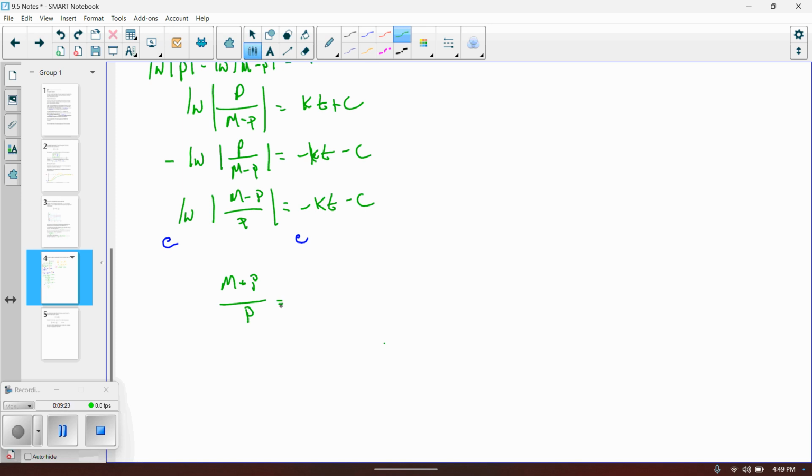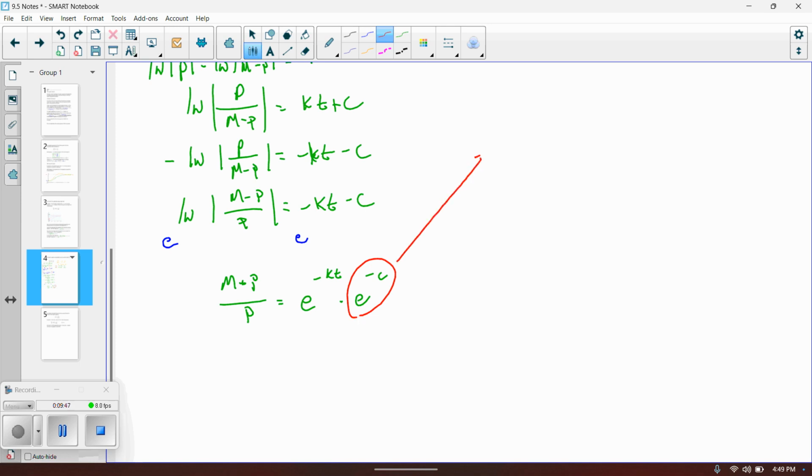Exponentiating the right is going to leave us with e to the negative kt. Technically, this will be times e to the negative c power. All right, I'm going to do something with that e to the negative c power. This piece right here, we do know this is going to be some kind of a constant.